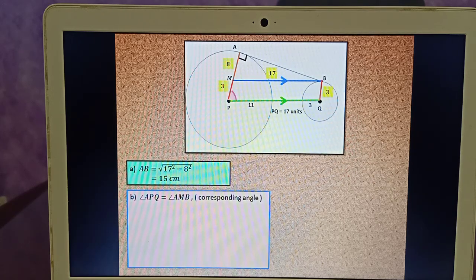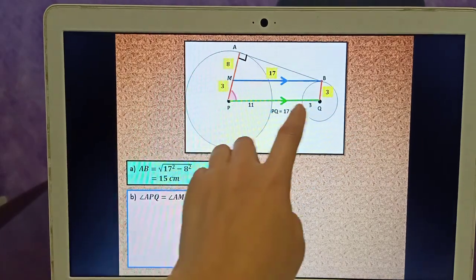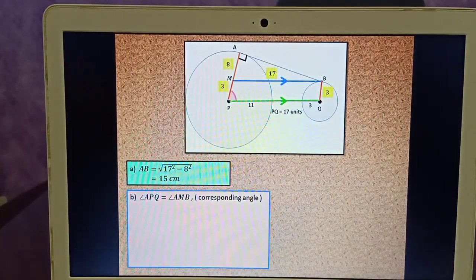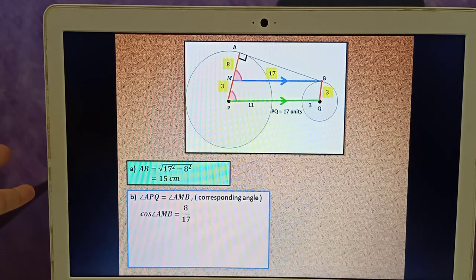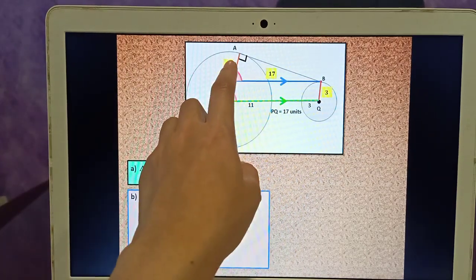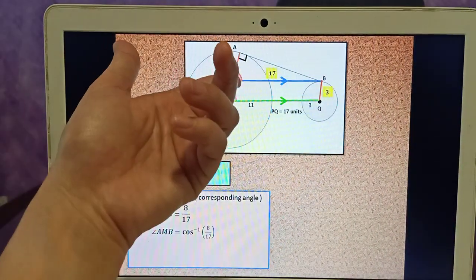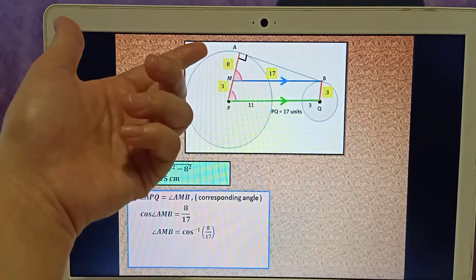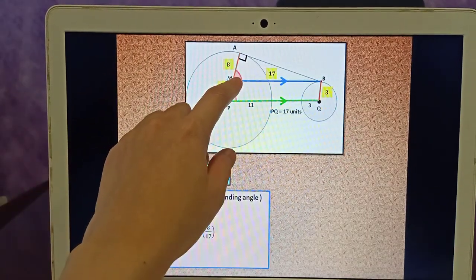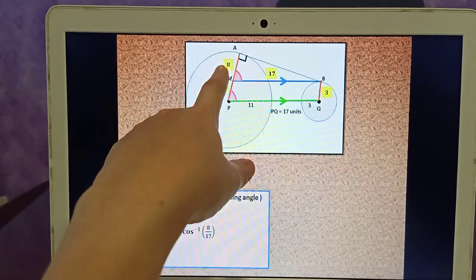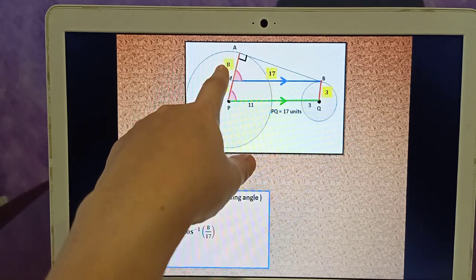In order to find angle APQ, I will use this triangle to help me, because I can use a trigonometric ratio. So I will use cos of angle AMB. Why cos? Because I have the adjacent side and also the hypotenuse. I'm not going to tell you which one is adjacent, which one is opposite. You should know this. If you build it from this angle, this will be your opposite, this will be the hypotenuse, and the side that is left behind will be your adjacent.